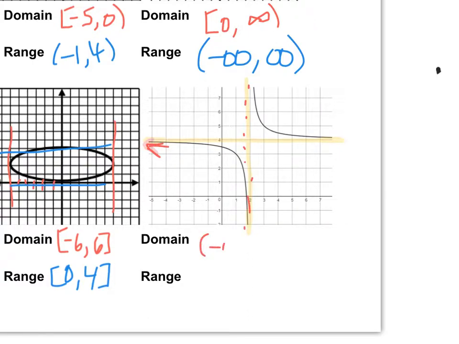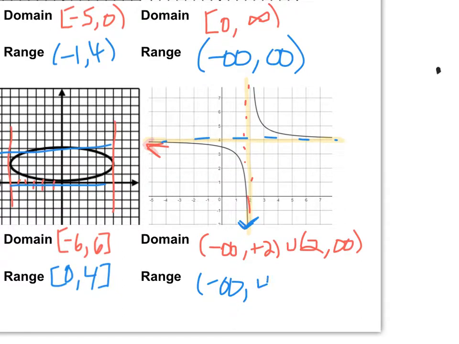So -infinity to -2, union, that's a positive 2, sorry, union 2, positive infinity. Then as I go from the bottom, it goes down to -infinity, and then as I go up, I have to stop at 4, union, then I can start at 4, and go up, up, and away to positive infinity.